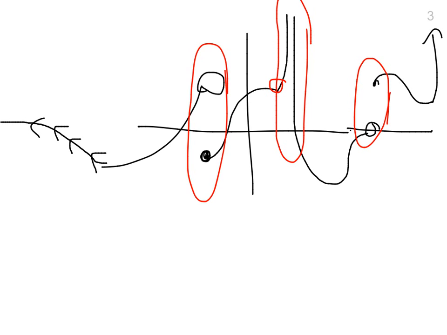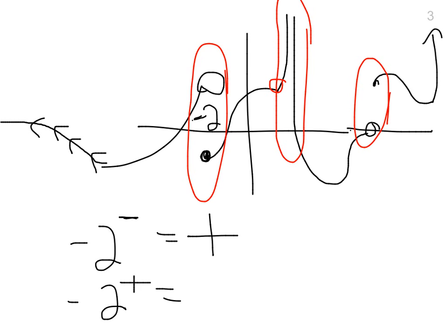Right here, you would have to break the limit up into, as it approached, let's call this point -2, the limit of -2 from the left is that positive value, and from the right, it's that negative value. That one right there corresponds to that. That corresponds to that.